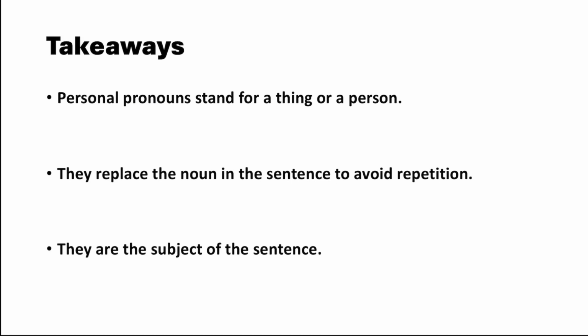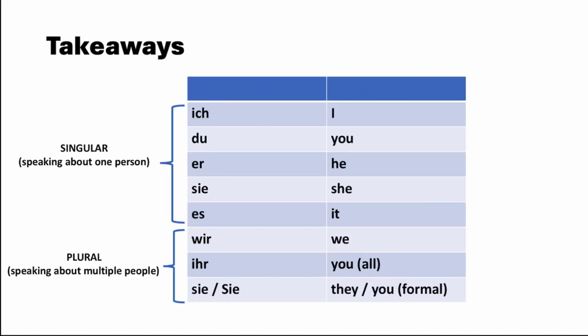The takeaways for this video is that a personal pronoun stands for a thing or a person, that they replace the noun in the sentence to avoid repetition, and that they are the subject of the sentence. Here's an overview of all the personal pronouns. Ich, du, er, sie, es are the singular ones, speaking about one person.